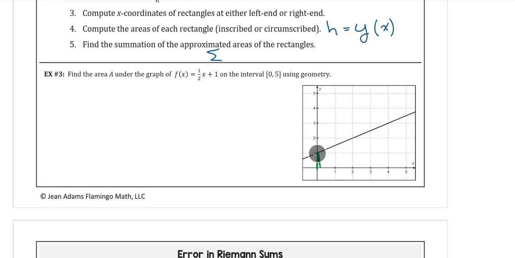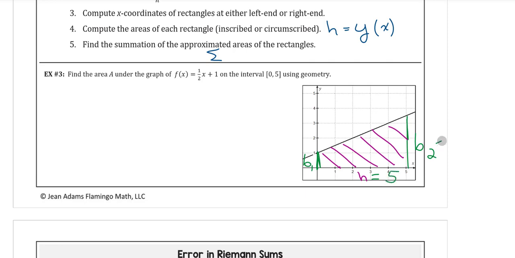Here's one base of the trapezoid, and we're going to 5. Here is the other base of the trapezoid, and here's the height of the trapezoid. So here's B1, here's B2, and I have the height. The height is going to be 5 units long.